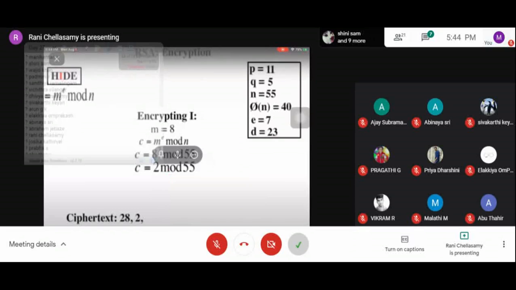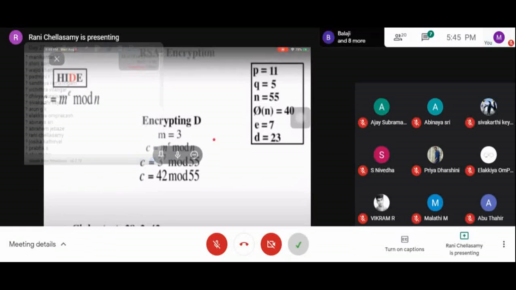So the next letter, I. Upon encrypting I, the numerical position value is 8, and you get 8 power 7 mod 55. Upon calculating this, you'll get the ciphertext value as 2. Next, moving on to the letter D, you'll get 42.